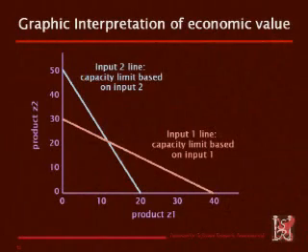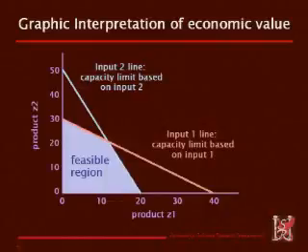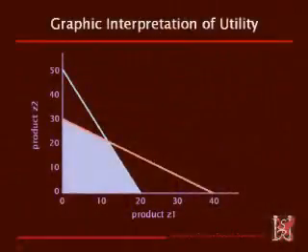Input 1 similarly. For simplicity of modeling, the economists have always said these constraints are linear, which you know isn't true in practice, but it's a good first approximation. And then the feasible region is those things you can actually produce given the limits of what you can do with each of the various inputs.